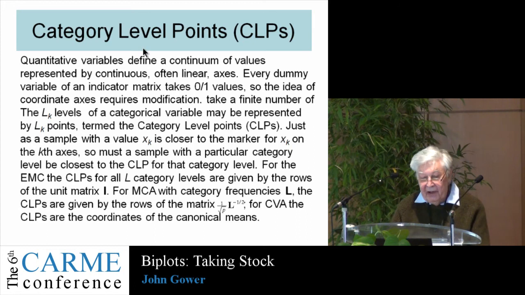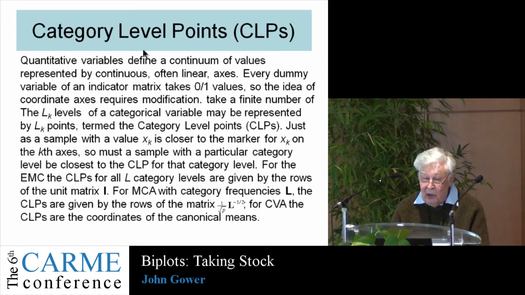Maybe too much to take in there, so I shall read it slowly. Quantitative variables define a continuum of values represented by continuous, often linear axes. Now, every dummy variable of an indicator matrix, 0, 1, takes those values.